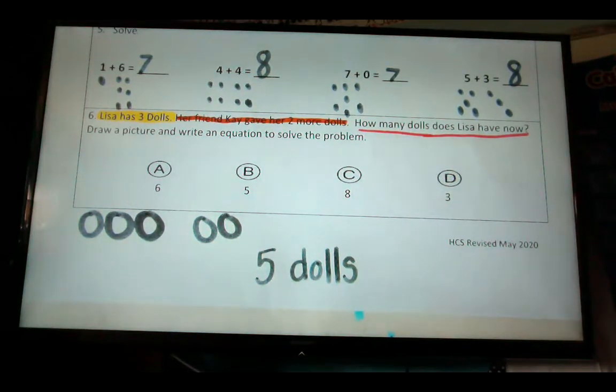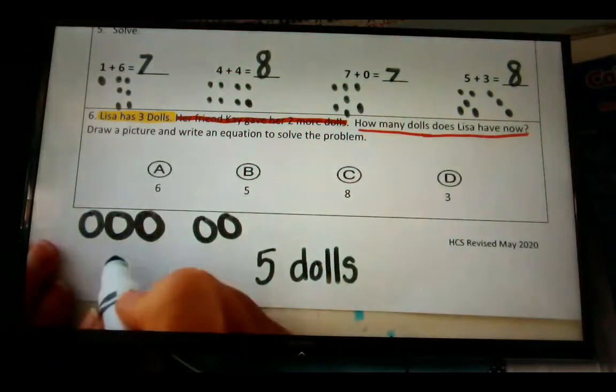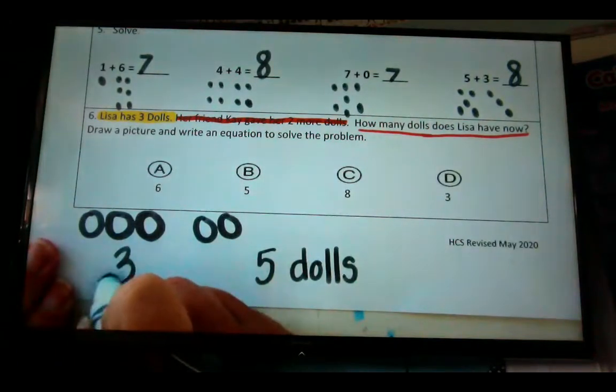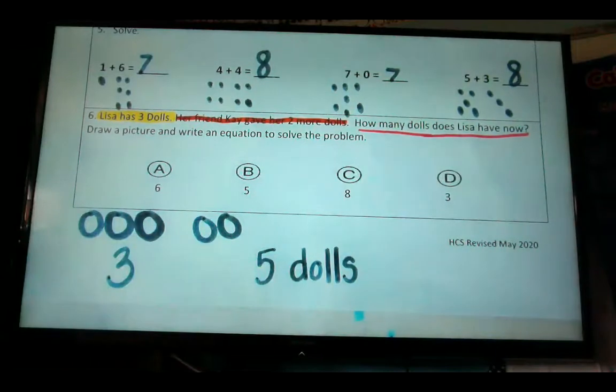It says that we need to write an equation to match our picture. How many dolls did we start with? Yes, we started with 3. Then what happened? That's right.